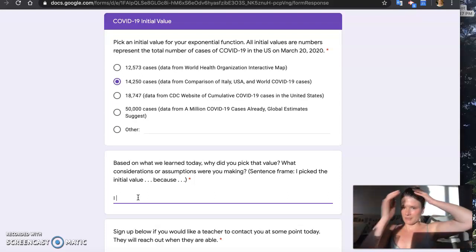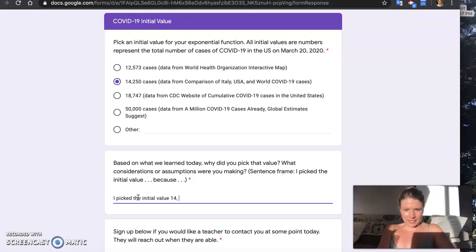So let's see. I picked the initial value, 14,250, because according to the World Health Organization, so I'm citing my data, citing my source.